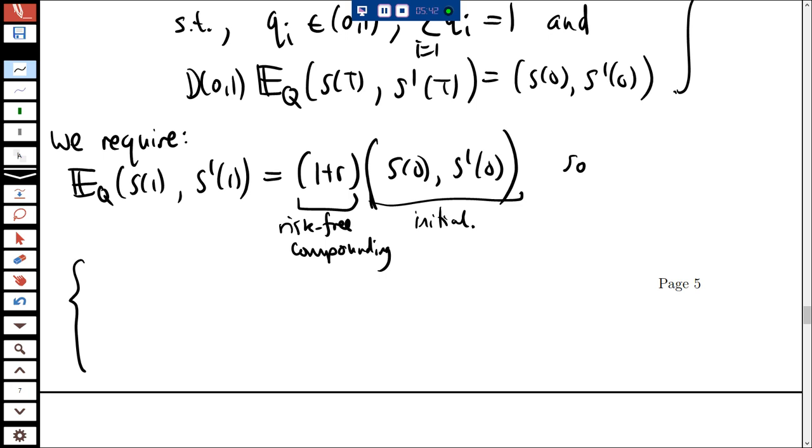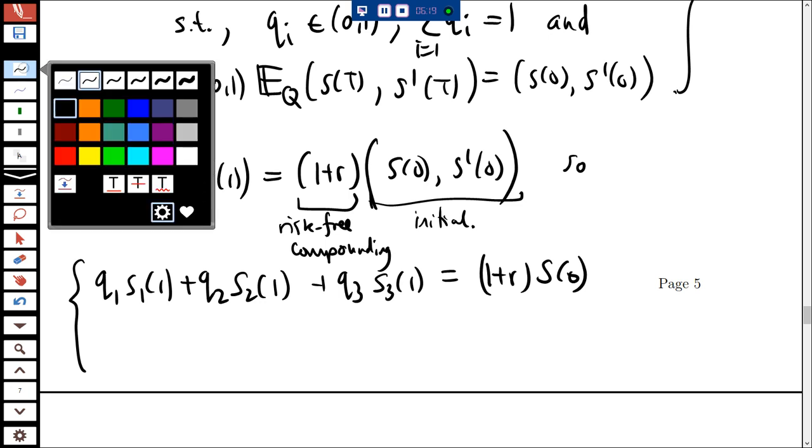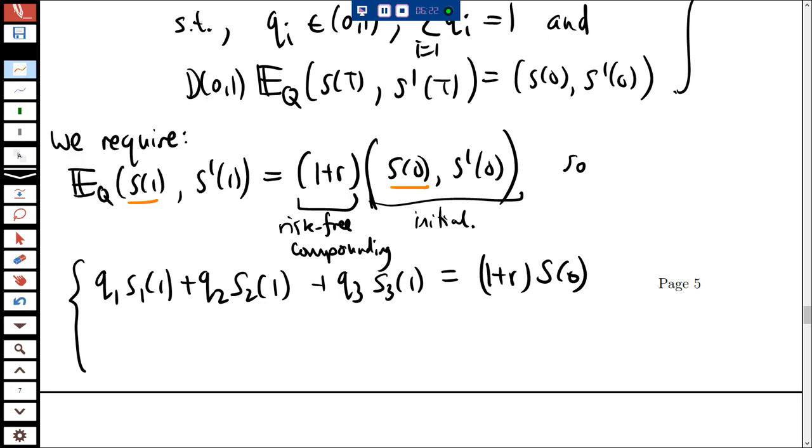We need Q1 S1 at 1, Q2 S2 at 1 plus Q3 S3 at 1 should be equal to, looking at the first component, the market with stock S, 1 plus R times S0 from the first components.